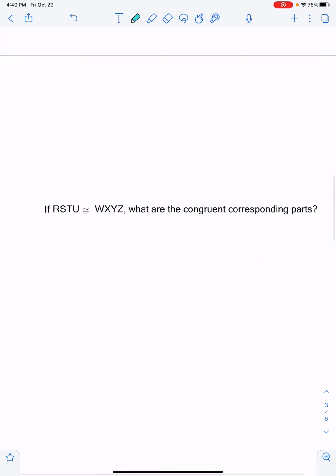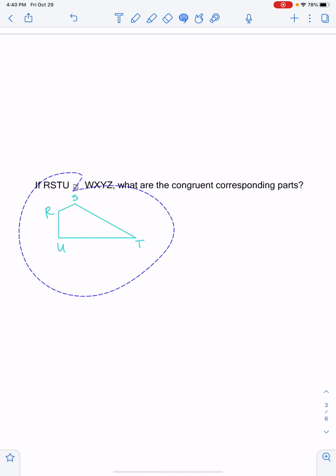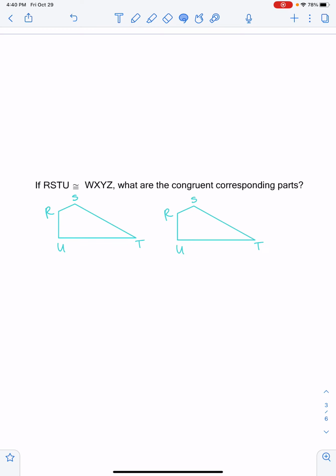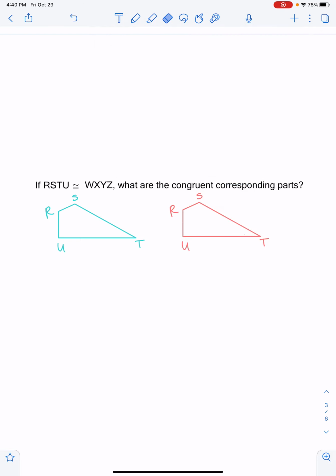So just one practice problem says if we've got these two figures, RSTU, and we know that it's congruent, so same size and shape, to WXYZ.